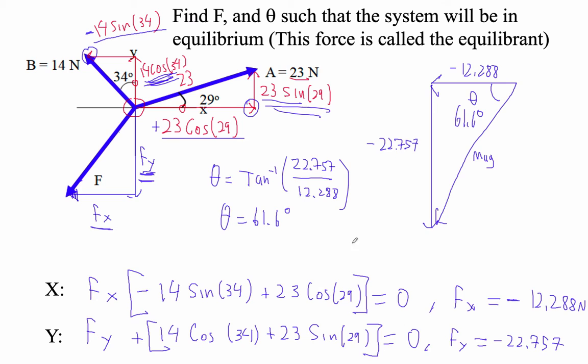61.6 degrees. And then the magnitude of that's going to be the square root of 12.288 squared plus 22.757 squared. But I've got a TI calculator, so this poses a challenge. Square root of, okay, parentheses, I'm going to go up and grab that number. With a TI calculator, be very careful of the minus signs.